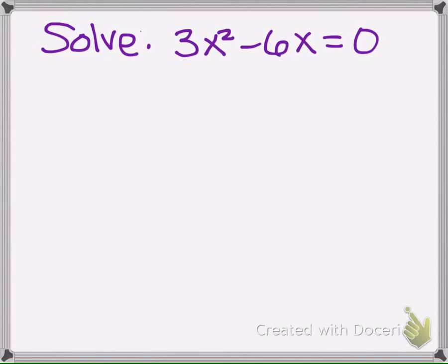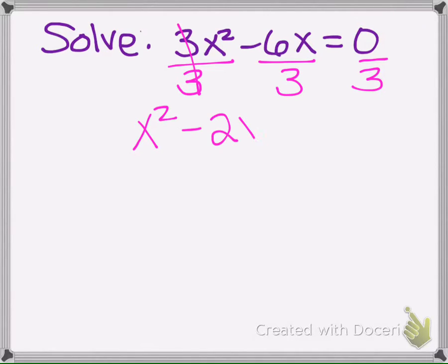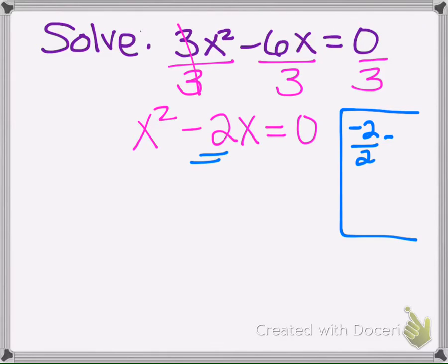Okay, another method to solve this is we can complete the square. So remember, to complete the square, a has to be 1. And then to complete the square, we take b, which is -2, divide it by 2, and then square that number.